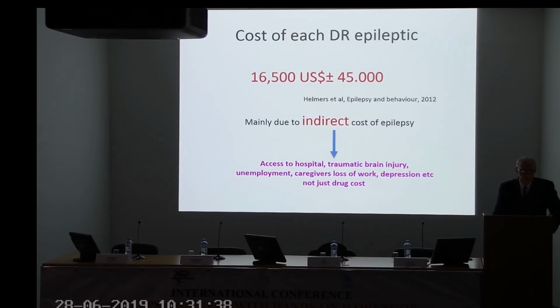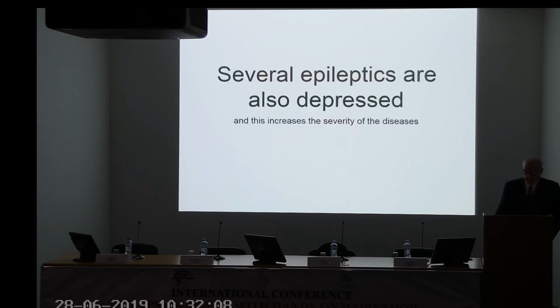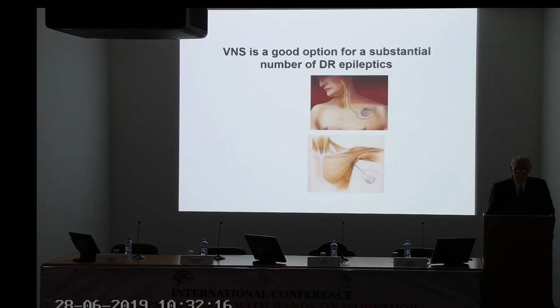She computed, for 6 months before the application of VNS, hospital access, traumatic brain injury, unemployment, caregiver loss of work, depression, not just the cost of drugs. So the cost for society of a drug-resistant epileptic is very high, and you must compute everything that goes into it. Several epileptics are also depressed, and that increases the cost and the severity of the disease.